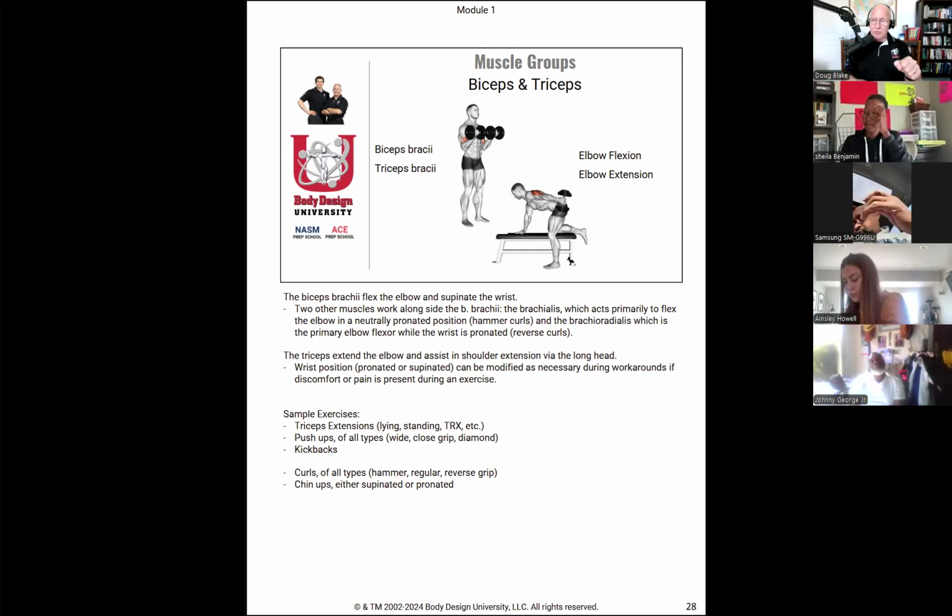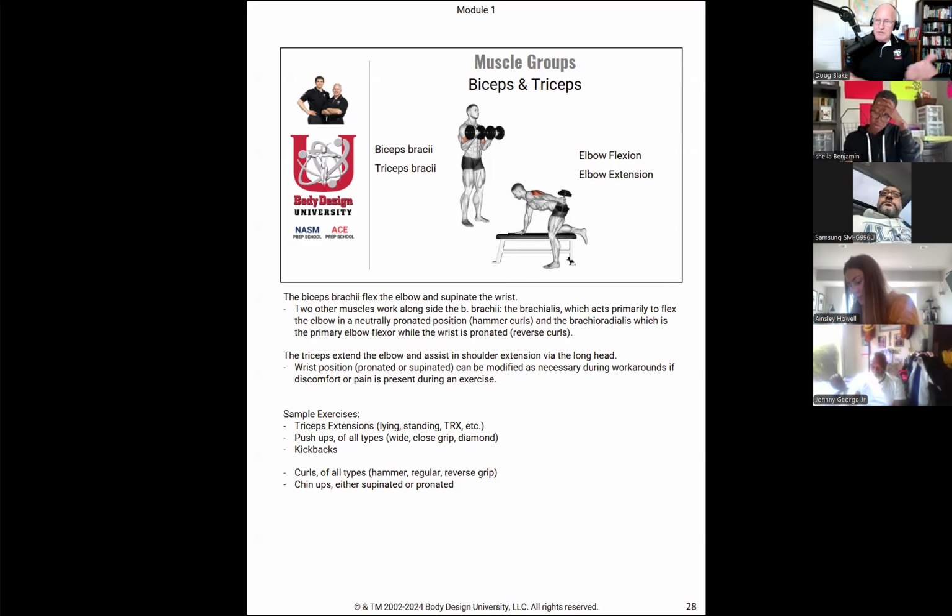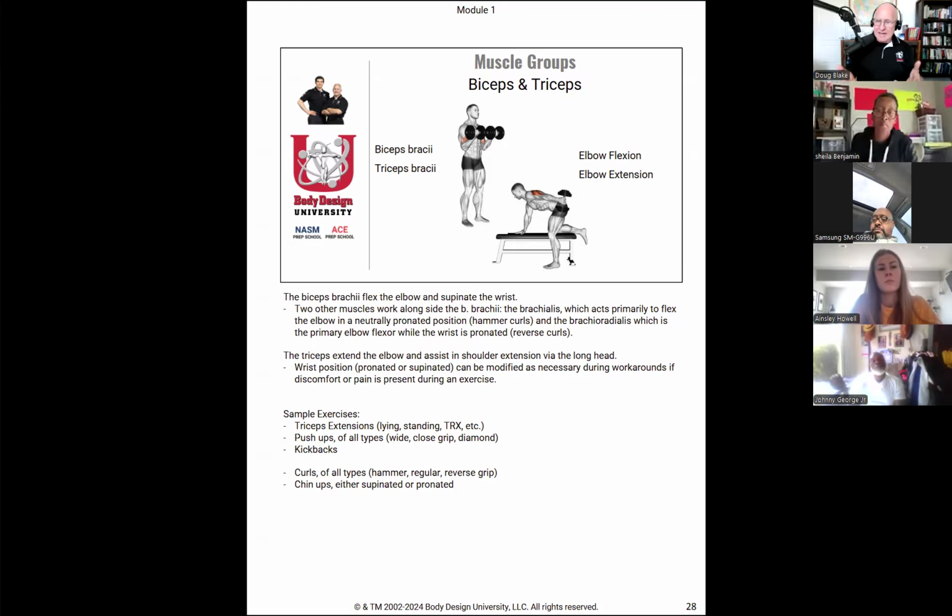What happens when I do full pronation? Now that I'm in a fully pronated position, the biceps brachii, the guy that we've been talking about, becomes less and less active because of the position of the radius bone now being pulled over the ulna. So mechanically, the biceps brachii becomes less of an active participant, although it's always active.